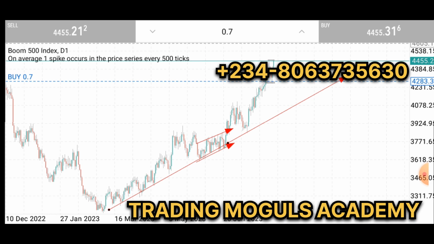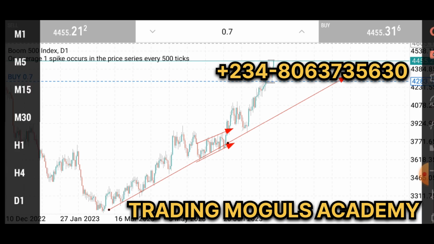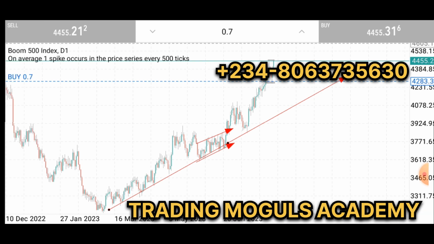So how did we manage to find our entry here? Well, I said that we only enter when the market has pulled back, or is on its way pulling back, in order to get more momentum to push forward. We don't just jump in and buy. We wait for the market to retest. So immediately it retested, that was when we found our entry.